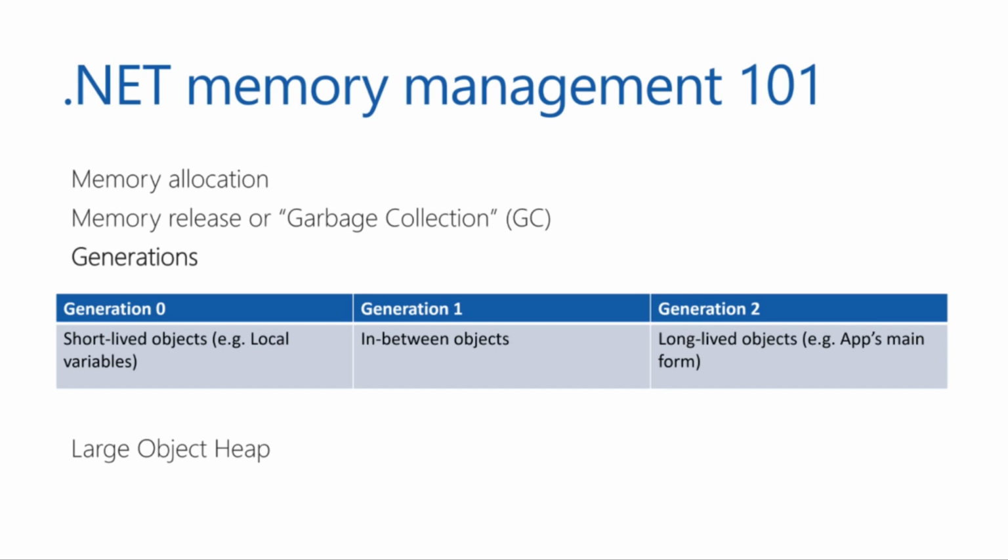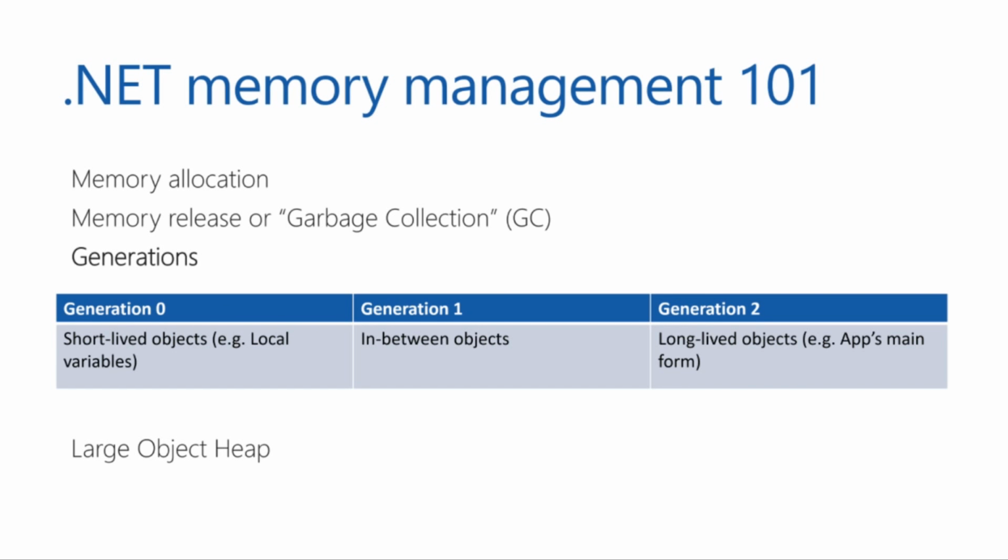Because .NET and the CLR basically thinks that most variables, and in effect this is the case as well, most variables will go out of scope once you reach the end of the method. Because the variable was just temporary in there, and at the end of the method it will go out of scope, and generation 0 can really hold those short-lived objects. And the garbage collector can run really frequently on those because it will typically be a smaller set of objects to scan because it's in the scope of one method or a couple of methods, and it's smaller to scan.